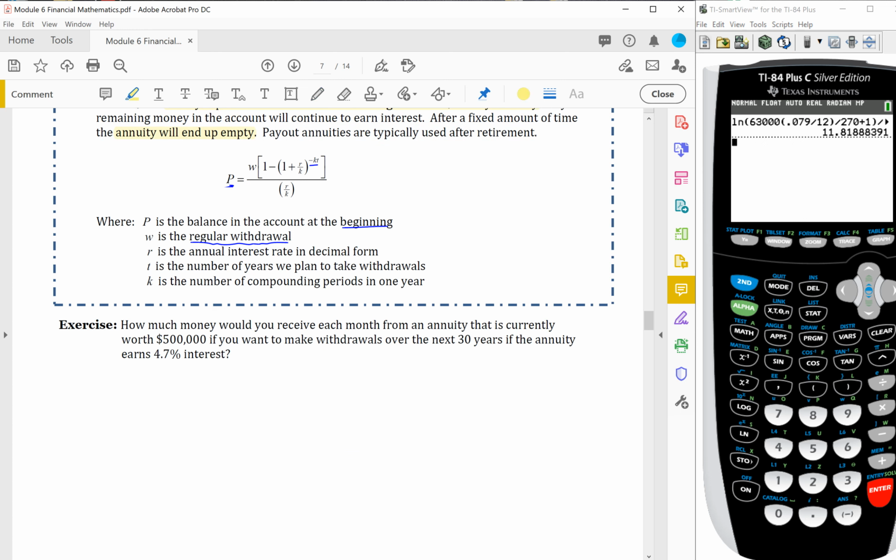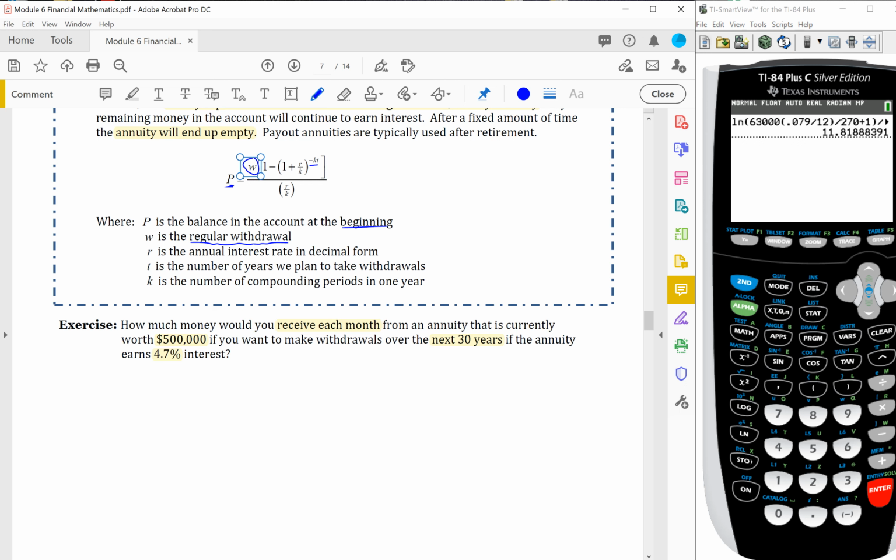How much money would you receive each month from an annuity that is currently worth $500,000 if you want to make regular withdrawals for the next 30 years where the annuity earns 4.7% interest? So we're asking, how much money would you receive? We're asking you to figure out what is W.